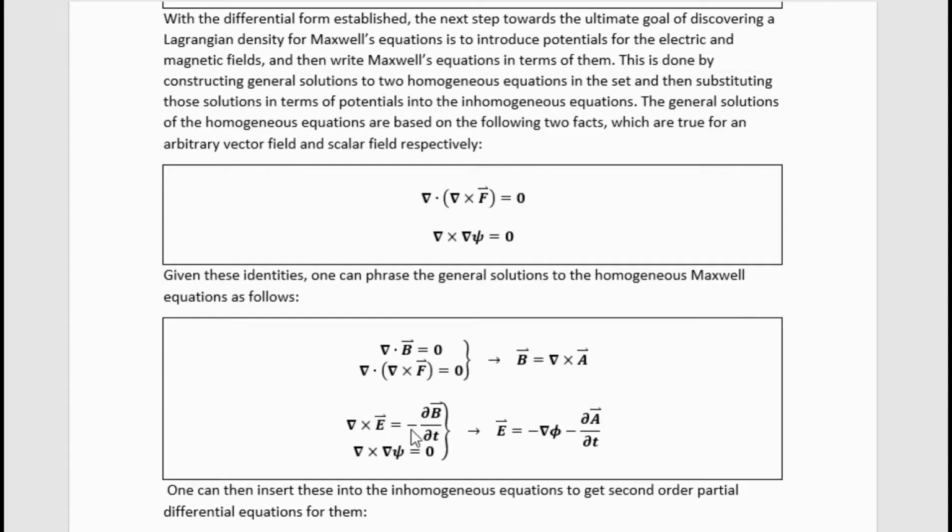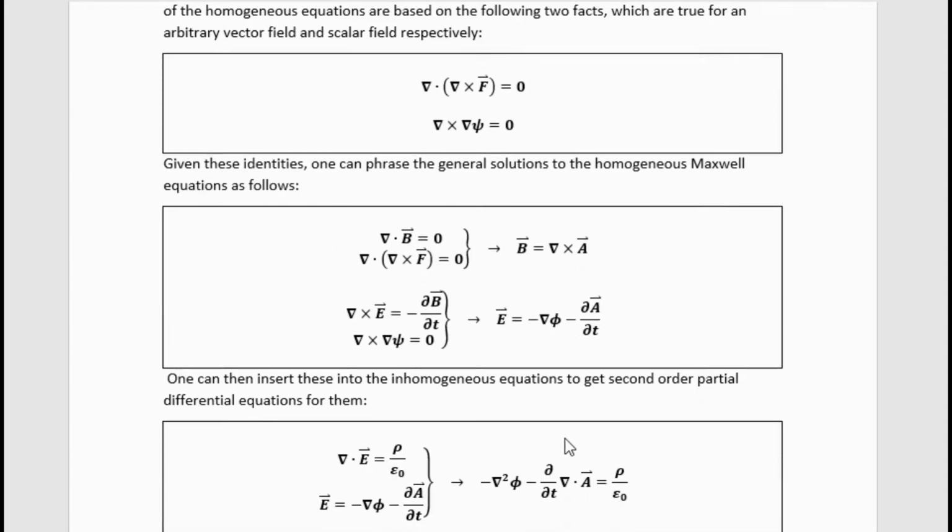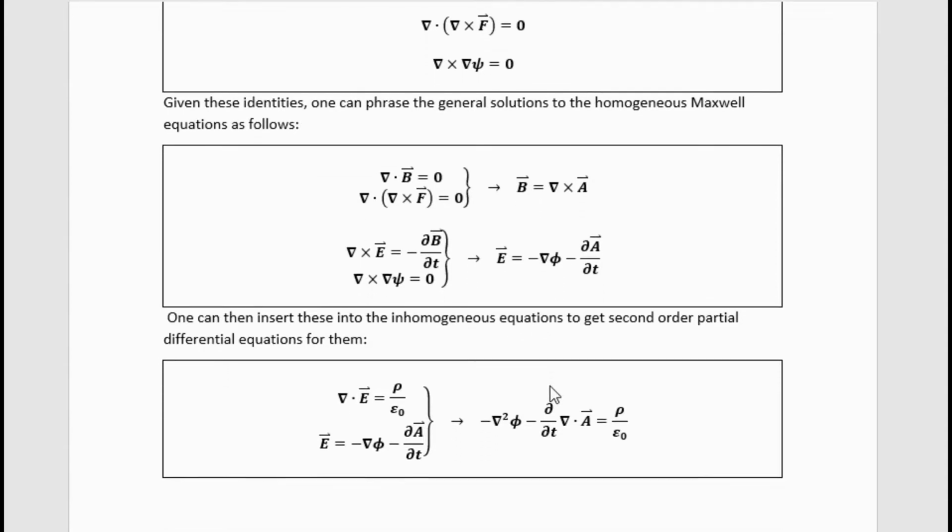Then, observing this Maxwell equation here and this vector calculus identity, we can conclude that this is the general form of the electric field. One can then insert these into the inhomogeneous equations to get second-order partial differential equations for the potentials.